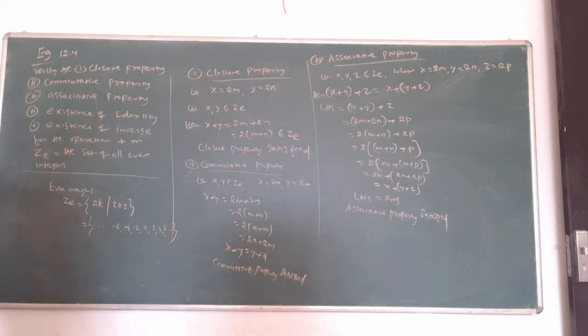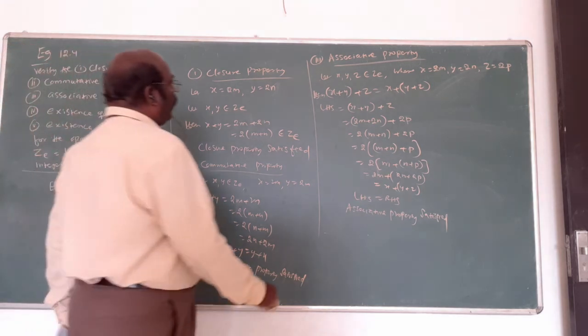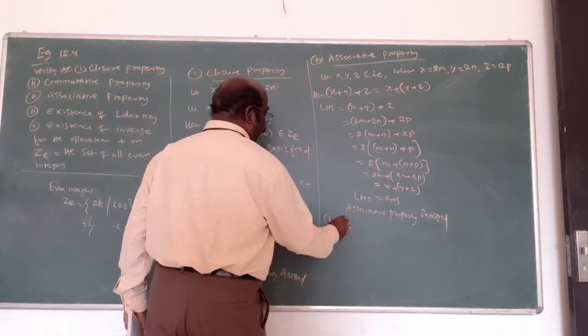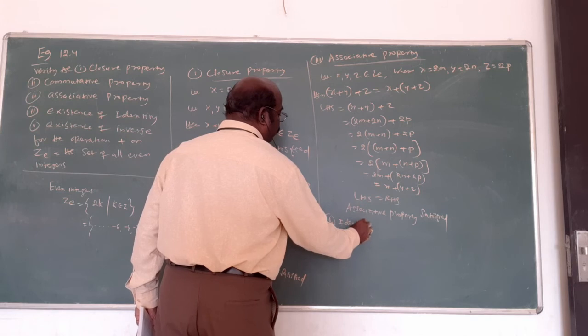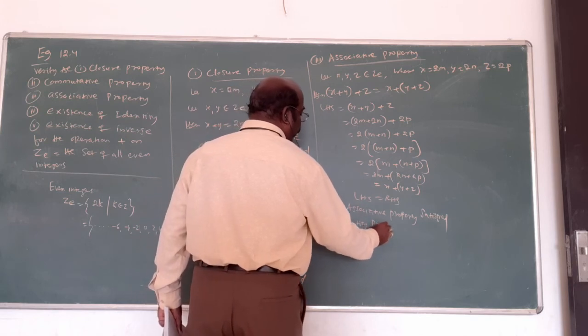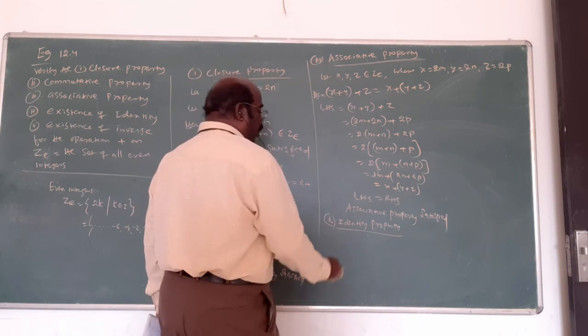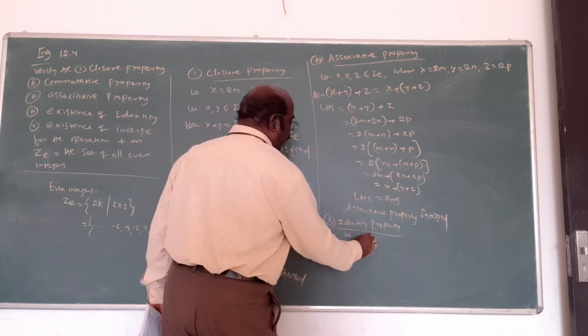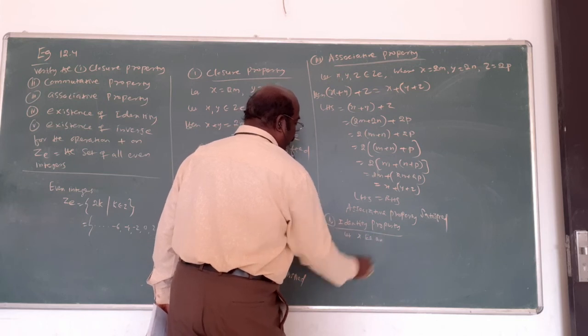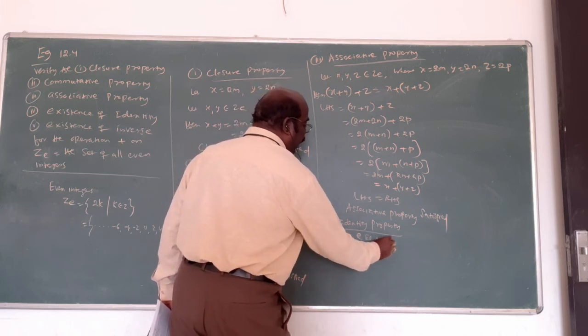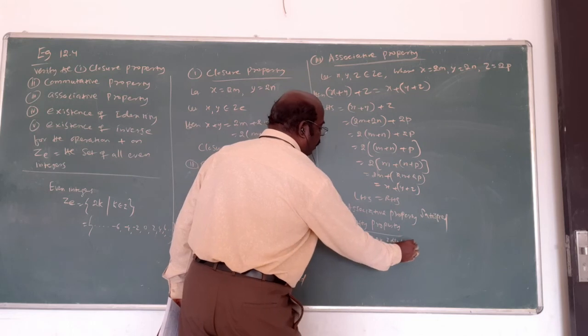Next is what? Identity element. And I told you, 0 is the identity element with respect to addition only. Fourth one, identity property. Now what did I tell you? Let e be the identity.